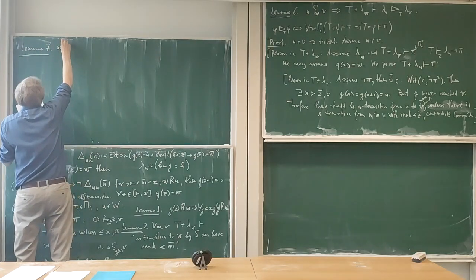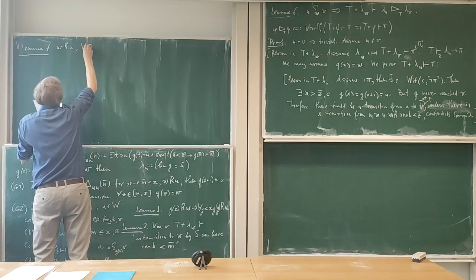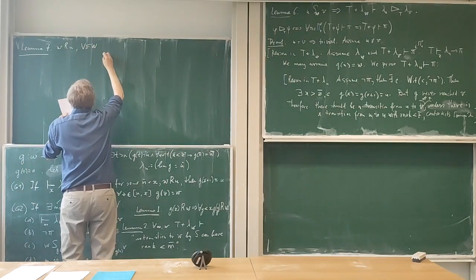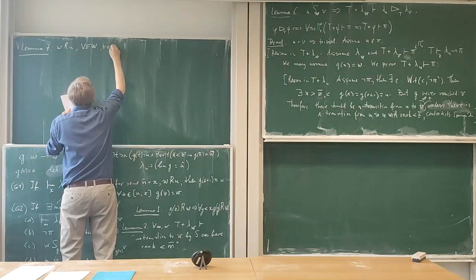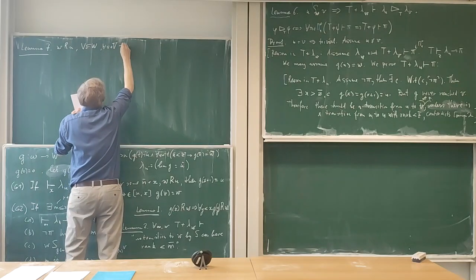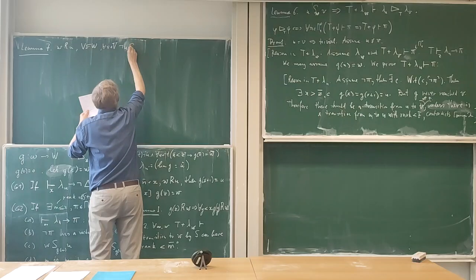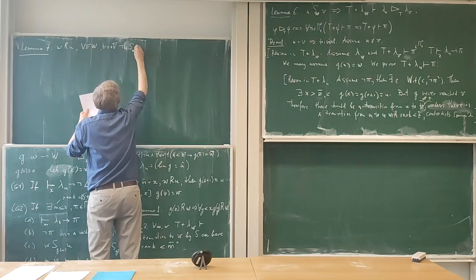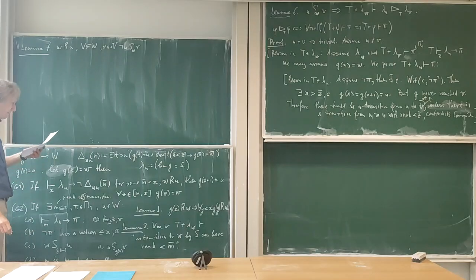Suppose W are U and V is the subset, and for all V in V, not U as W. Maybe like that.